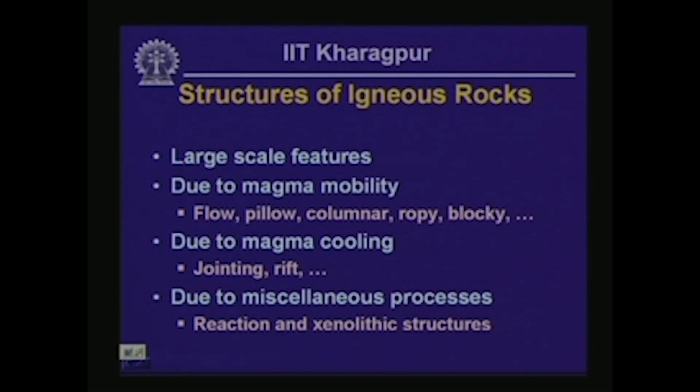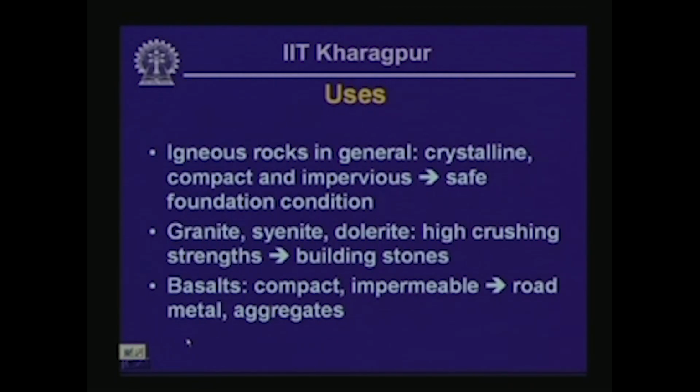So here what we are looking at are large scale features of the rock mass, unlike texture, where we were concerned with microscopic features. Now, we look at the uses of igneous rock. Igneous rock, as was apparent from this presentation, is mainly crystalline, compact and impervious.